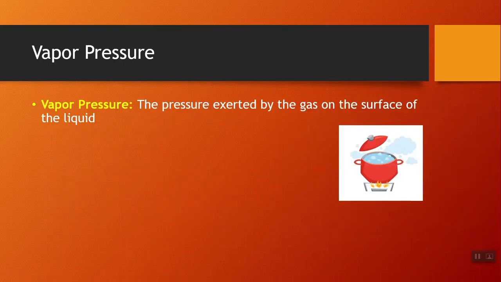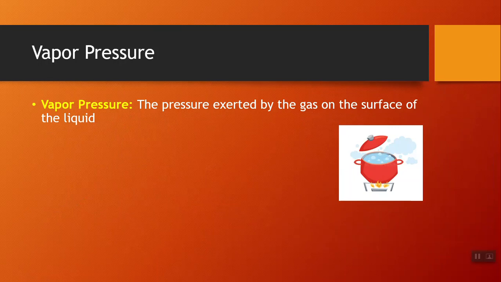So I want you to imagine boiling up some water in a pot, and let's pretend that the lid is closed, okay? What's going to happen as the water starts to boil? If you said that the lid is going to start to rattle and maybe some of the water might spill out, you're absolutely right.